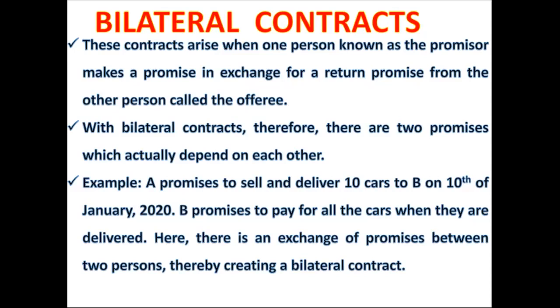So all we have is that there are two promises that are actually depending on each other. For example, A promises to sell and deliver 10 cars to B on the 10th of January 2020. B also promises to pay for all the cars when they are delivered. Over here, you can tell that there is an exchange of promises between two persons, thereby creating a bilateral contract.